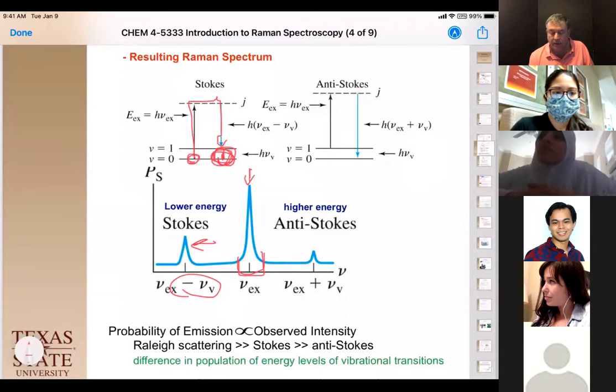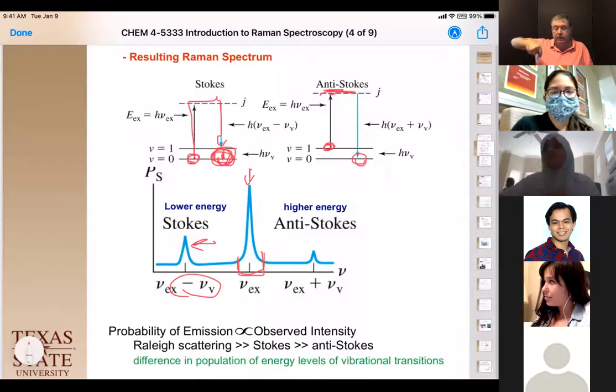Now, in the case of having our electron excited from our one state up to some level and then emitting light on its way down to the zero state, we've added energy to the system. And so we end up getting to a higher energy, higher frequency state.